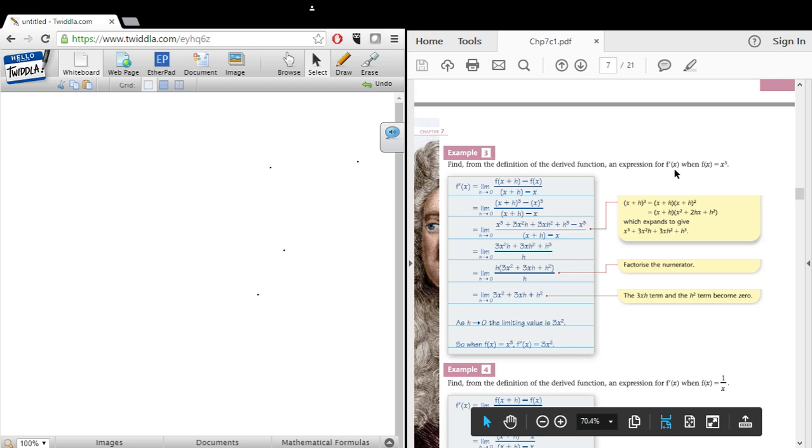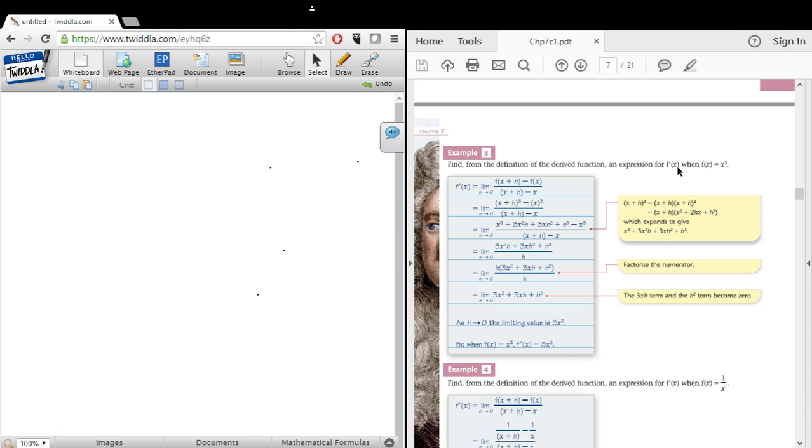You can see here the question says f dash x, or differentiation, when f(x) equals x cubed. So here they've essentially taken what we had beforehand, except in the denominator we had h, and they've added x but also taken away the x, so they've made sure this is identical to the original formula.